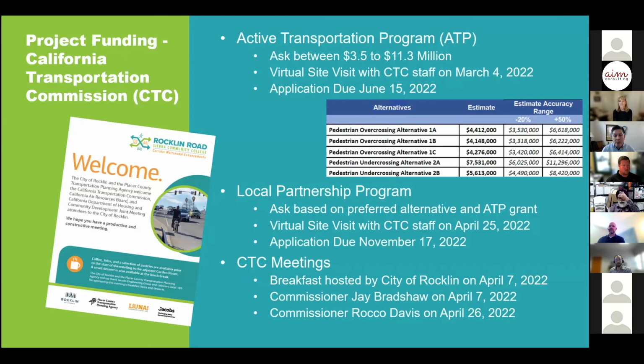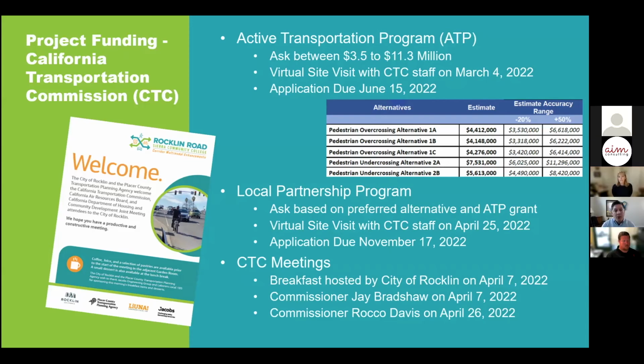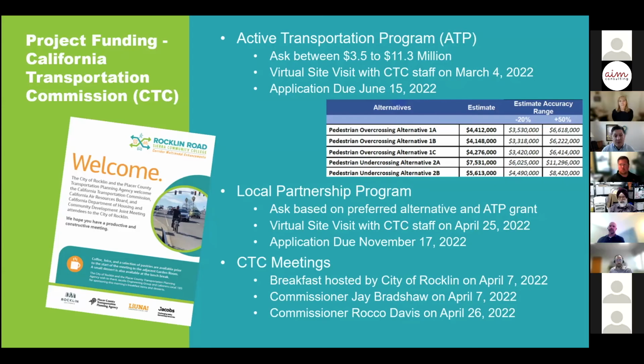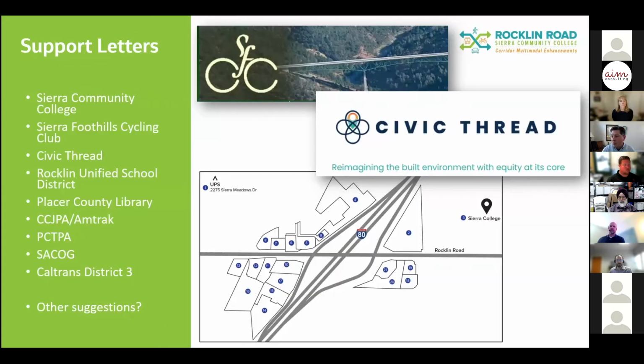We've been meeting with the California Transportation Commission and talking with their commissioners, so we're working on that and working to get the funding. We'd still be short a couple million dollars, so federal funding might be something we look at also. That's an update on project funding, and with that, I'm going to turn it over to Matt McClure.